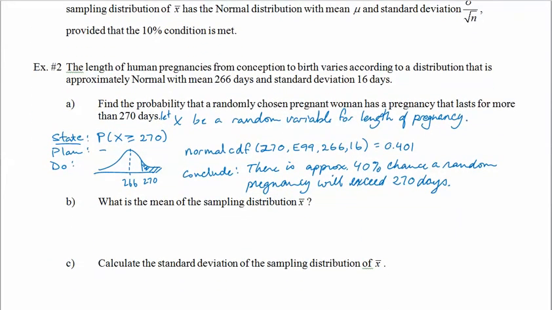So what is the mean of the sampling distribution of X bar? In this case, we need to add a little bit: I'm going to sample 6 pregnant women.